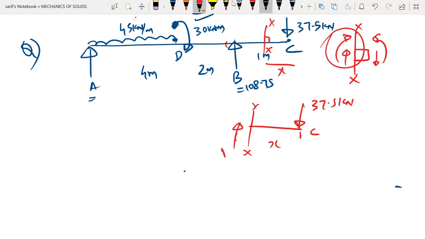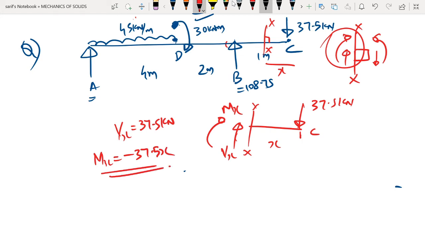If we consider the equilibrium equations, we will get Vx is equal to 37.5 kilonewton, and also we will get Mx is equal to minus 37.5x. So these are the expressions for the region BC with C as the origin. So the expressions for shear force and bending moment for all the three regions have been found out.